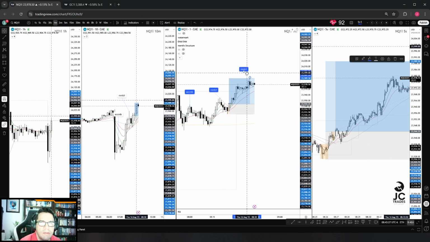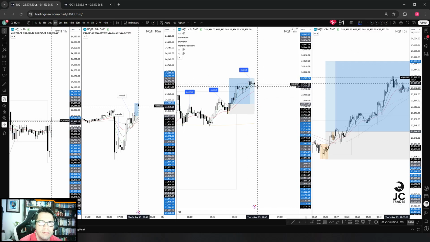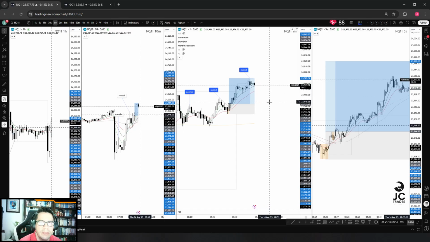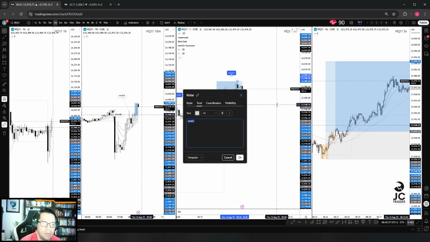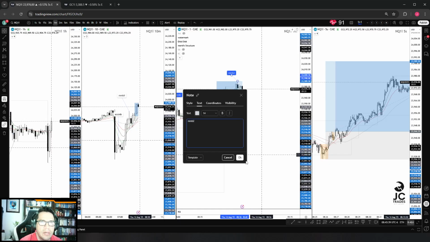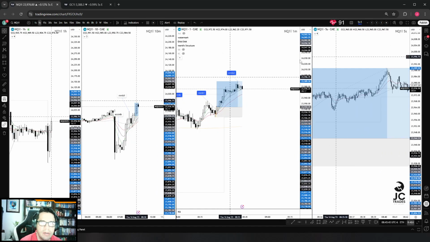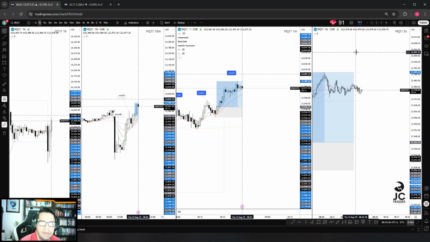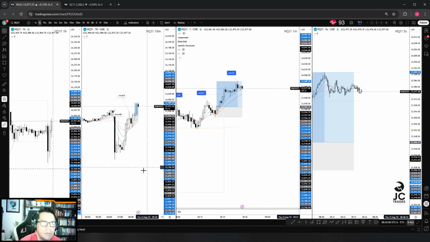If we see a flush here up to the 10 or 20, this is something that we could also start to follow on our entry time frame. So we'll be looking at that.